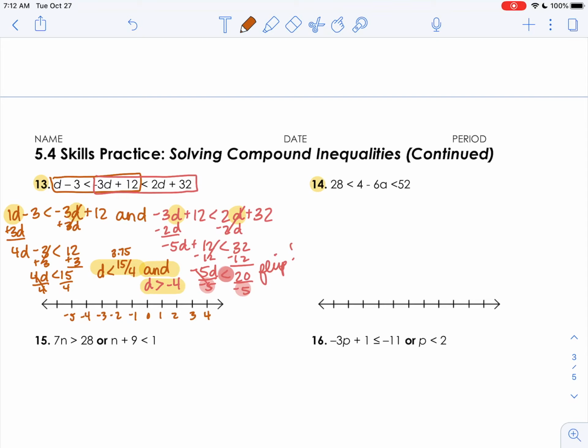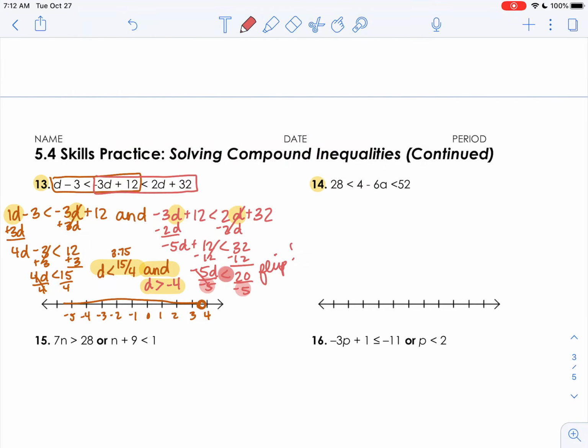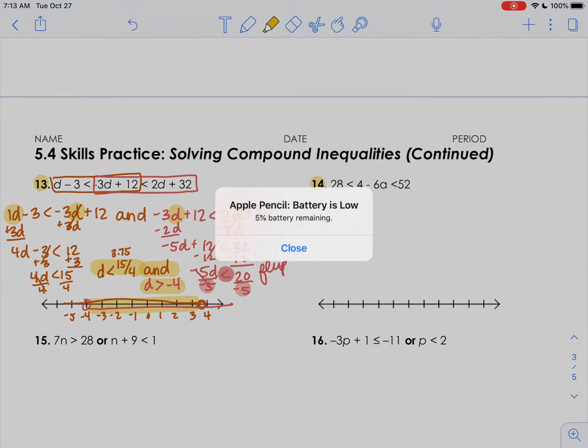All right, if d is less than 3.75, 3.75 would be close to 4, the open dot, pointing to the left. And then d is greater than negative 4, that's going to have an open dot on negative 4, pointing to the right. So my solution is in the middle of these two, where they overlap. You're going to try number 14 on your own.